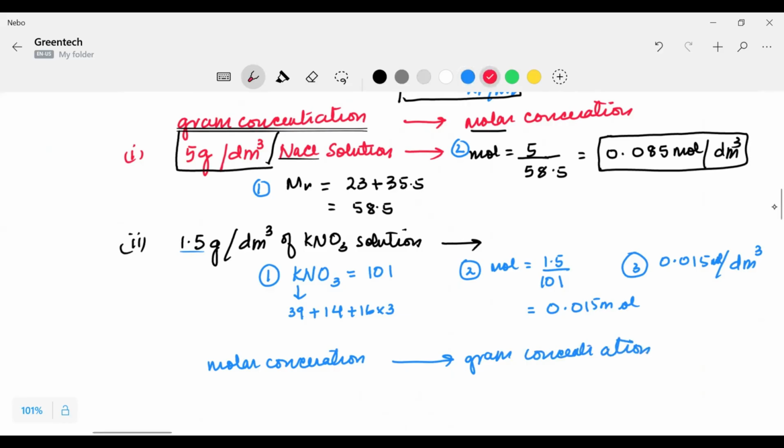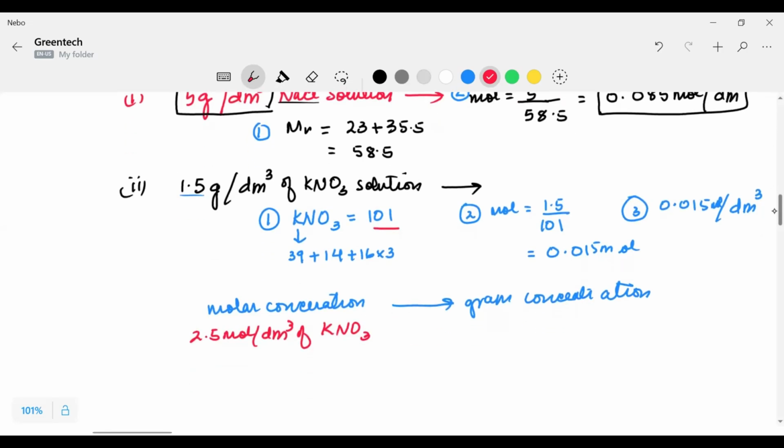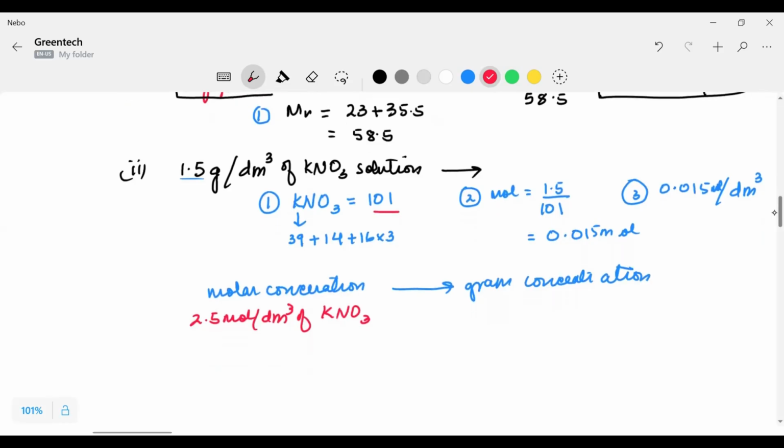For example, I have 2.5 moles per dm cube of, again, let me take potassium nitrate, because we have already calculated the MR, so that will make our steps a little easier. So I have 2.5 moles of potassium nitrate. The first step is already done by you, the MR of it is 101.